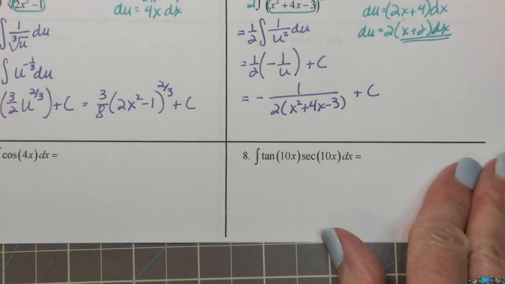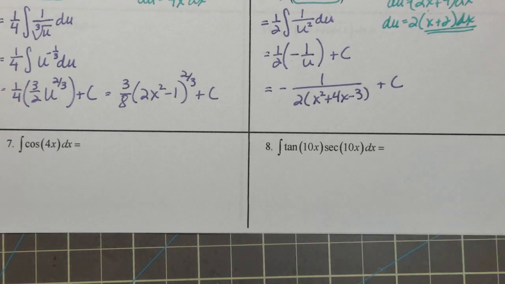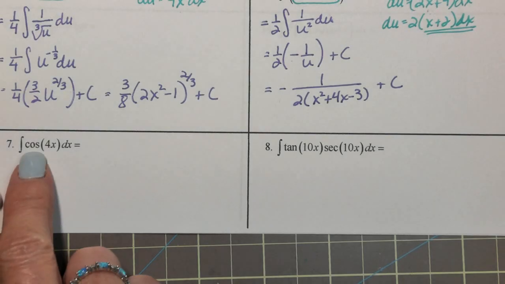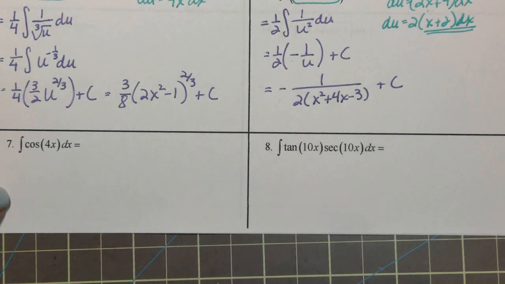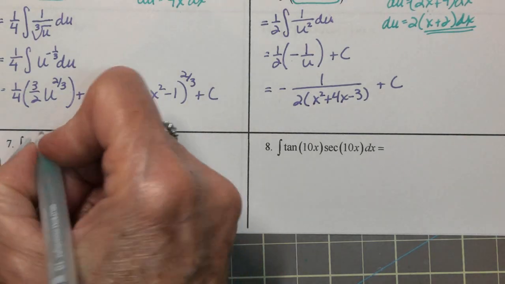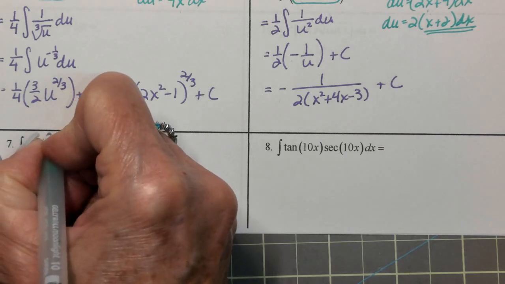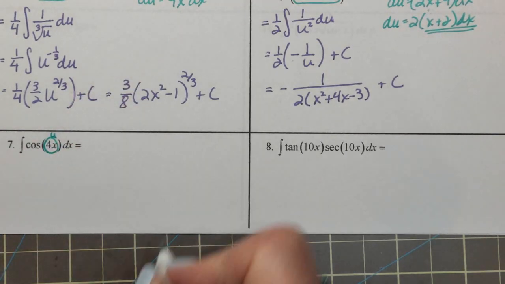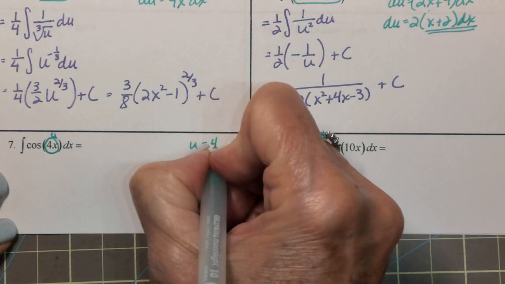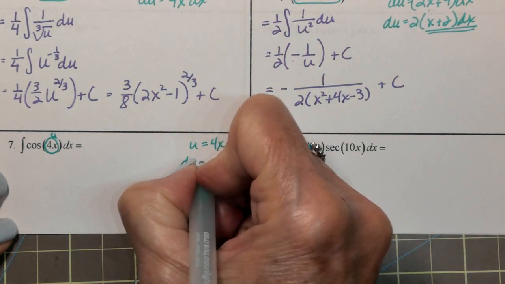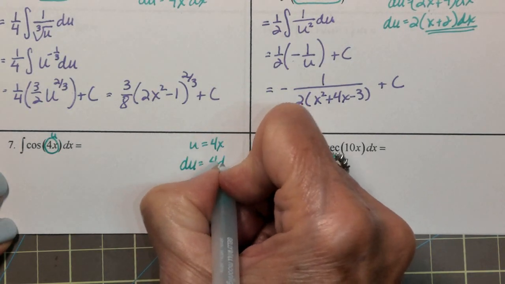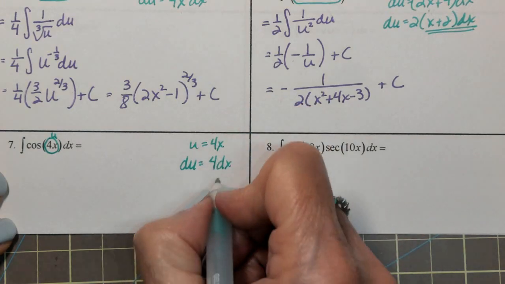Alrighty, let's take a look at some trig functions. So, this is not a plain cosine of x, it's a cosine of 4x. So I'm going to let u be the 4x. So u is 4x. du is 4 dx.